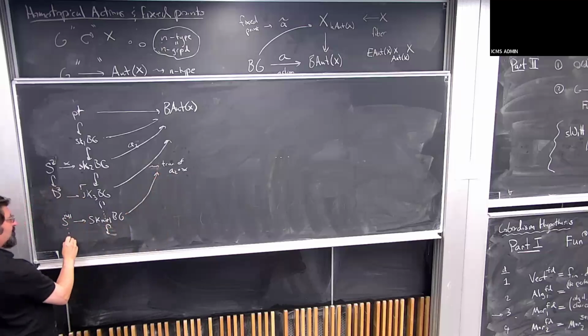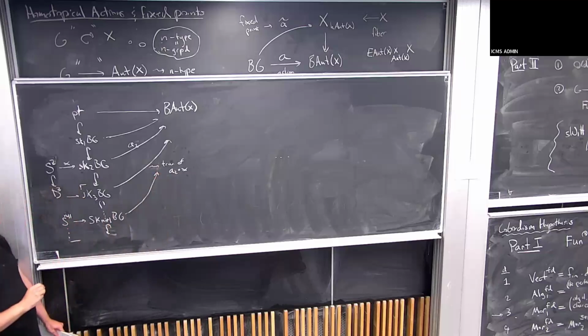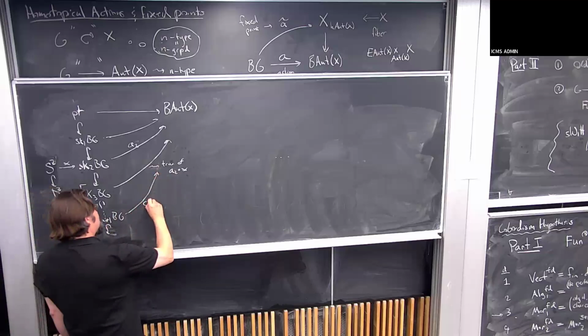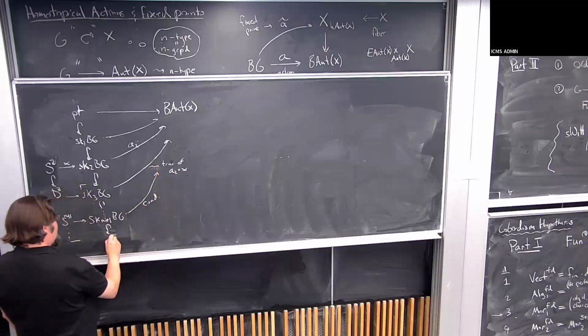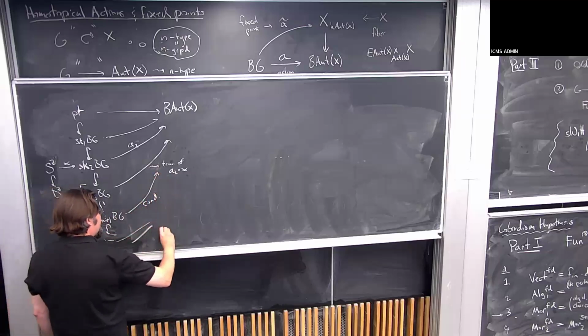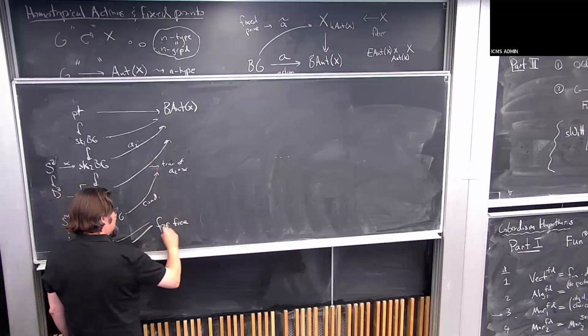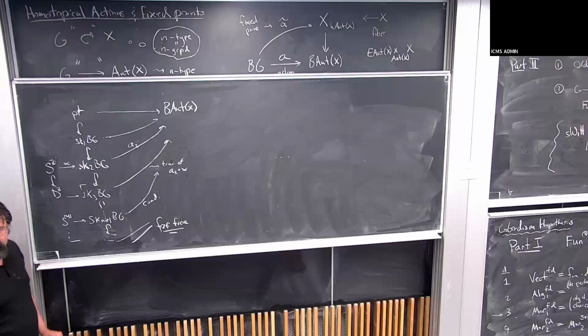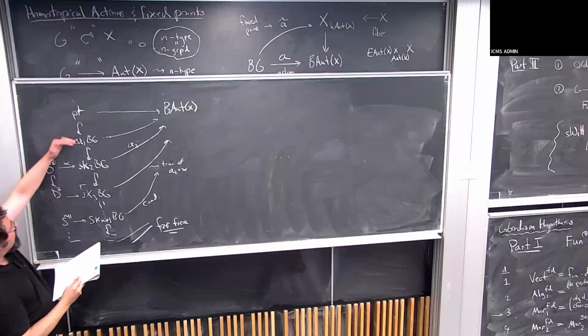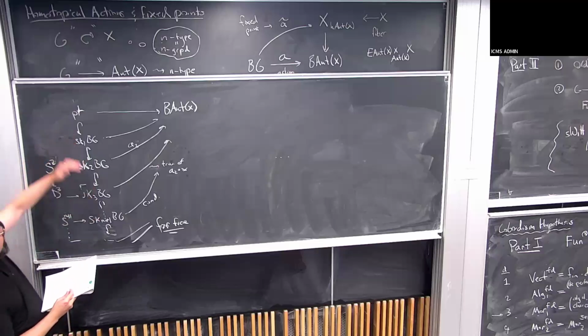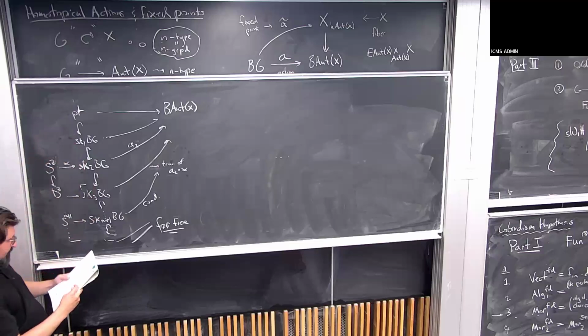Whether it's 0 or not, it's not a choice. It's either 0 or it's not. It's some kind of condition. So you get a condition. And then the other extensions will all be for free. They'll all be unique extensions to the rest. So in the end, you get a finite amount of data if there's a finite number of cells like that.